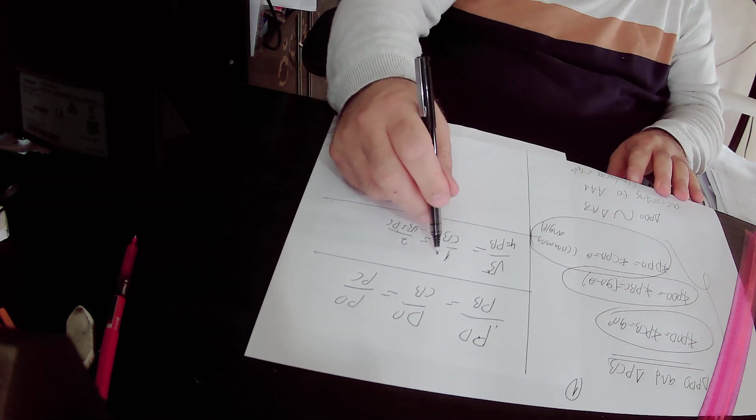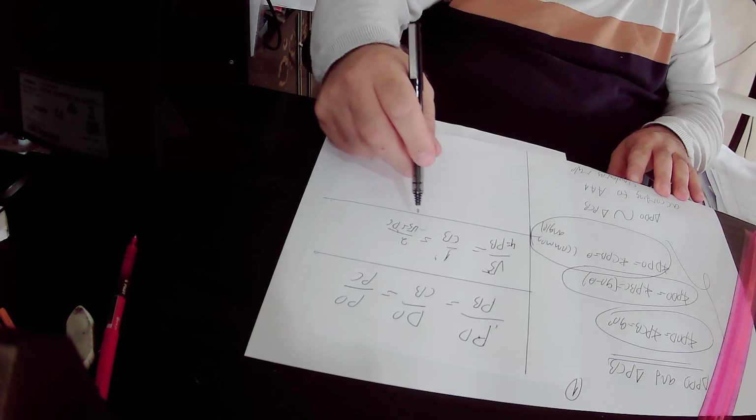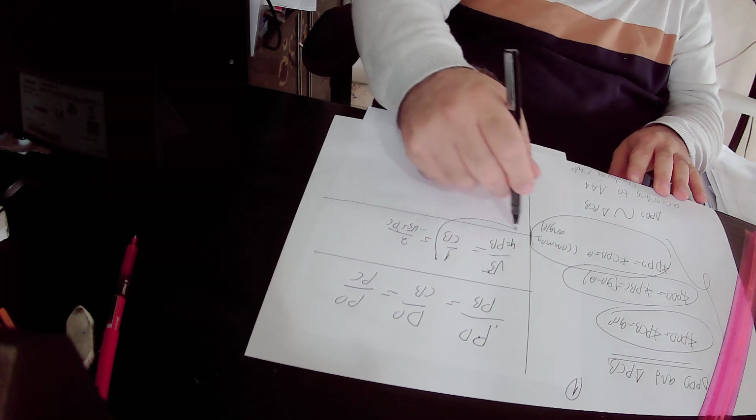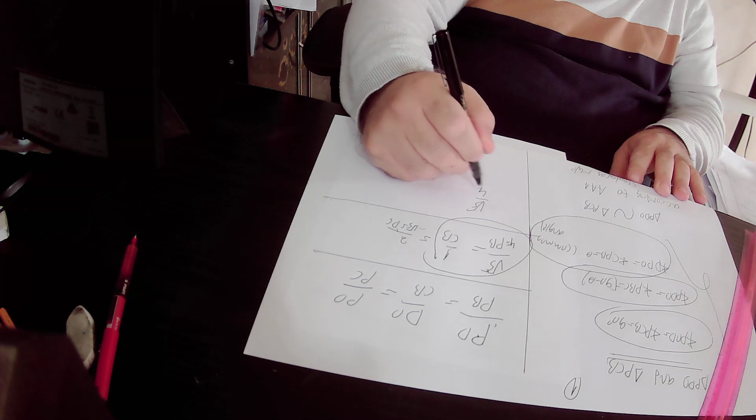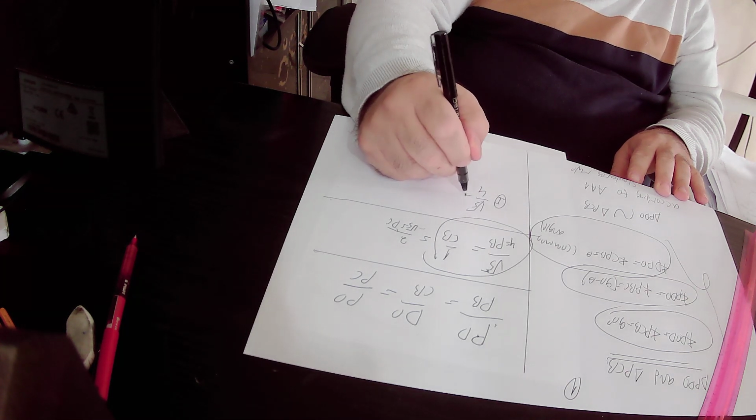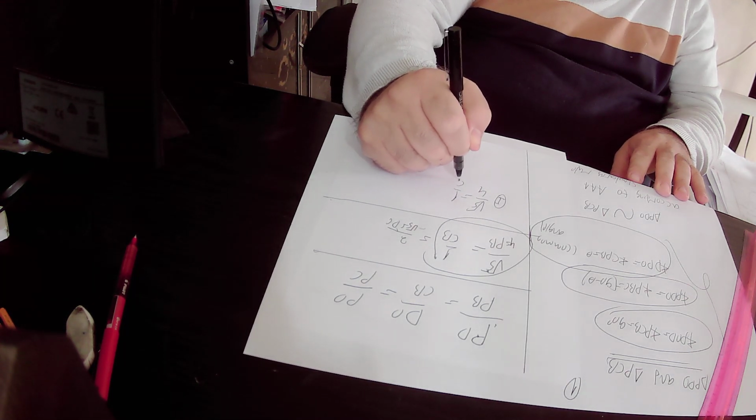We will derive from this long equation, the first equation, that square root of 5 over 4 equals 1 over CB.